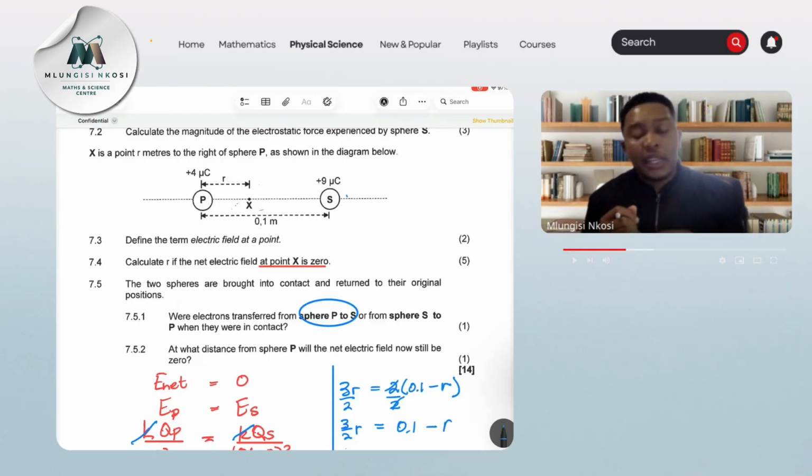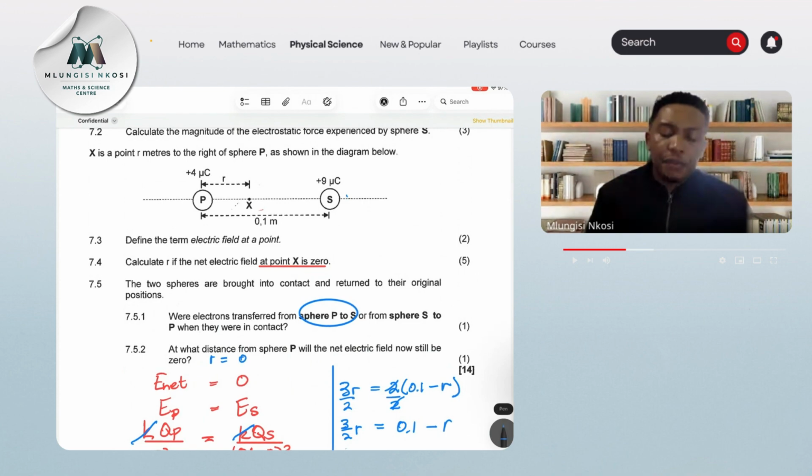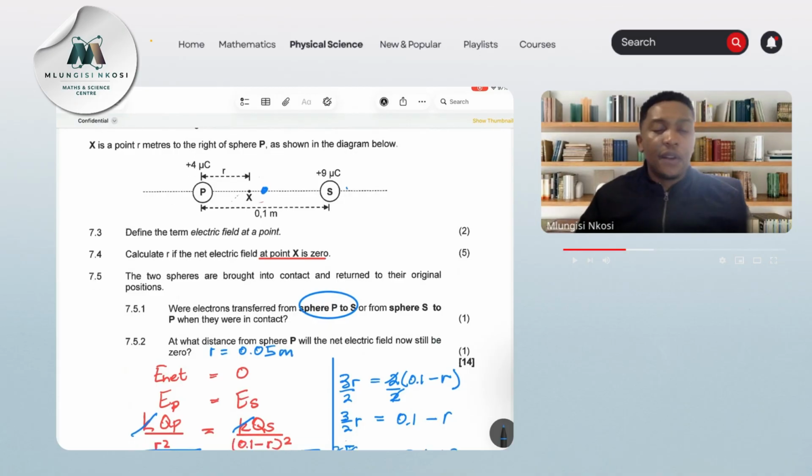So when will the net field be 0? If they are equal, it will be at the halfway mark. So it must be at a distance of 0.05 meters. That's definitely at the halfway mark.